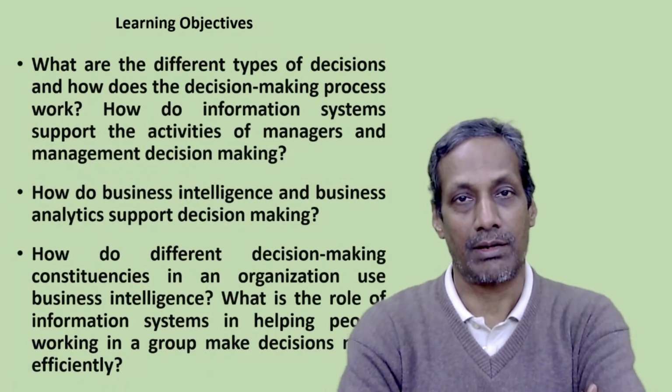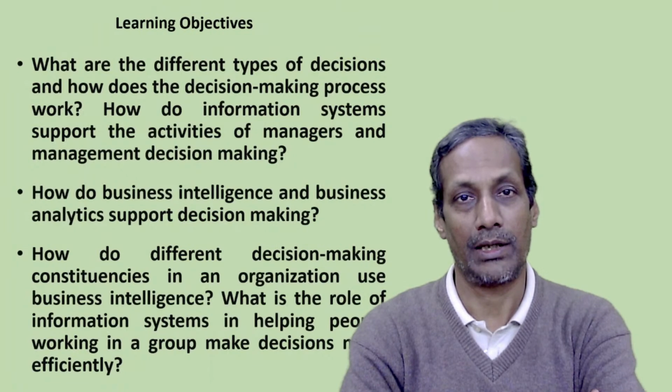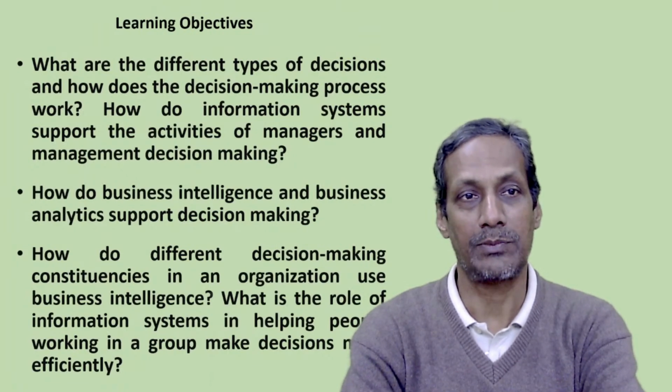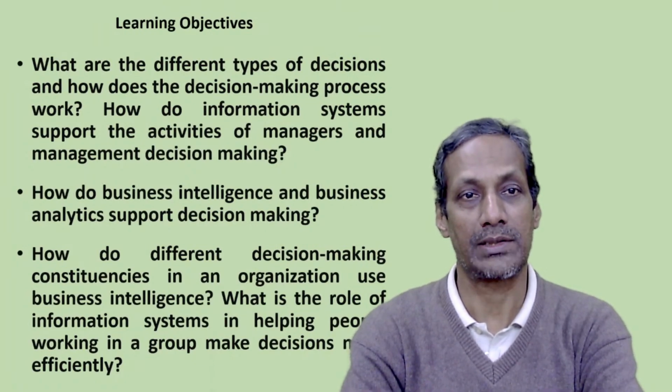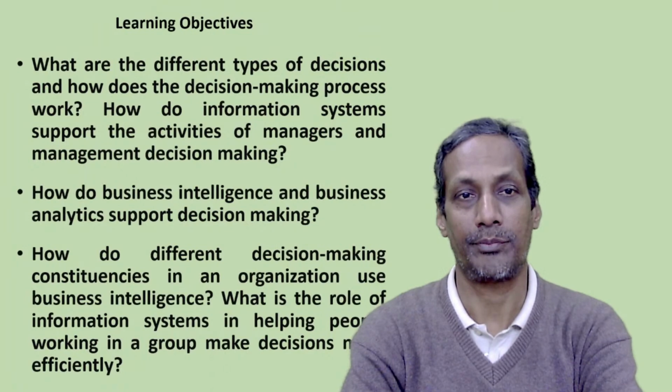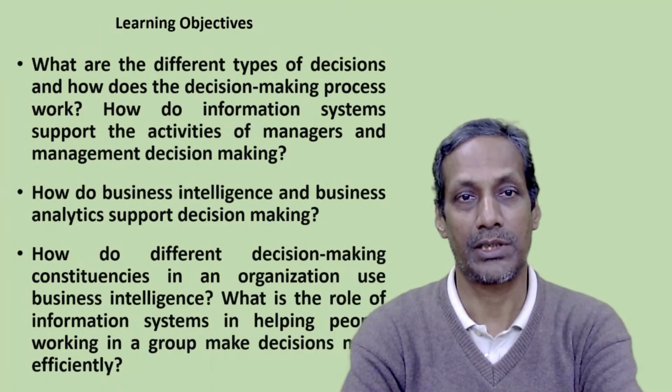We'll first try to learn the following objectives. We'll try to see what are the different types of decisions and how does the decision-making process work. How do information systems support the activities of managers and management decision-making? This is the first objective that we will try to understand.